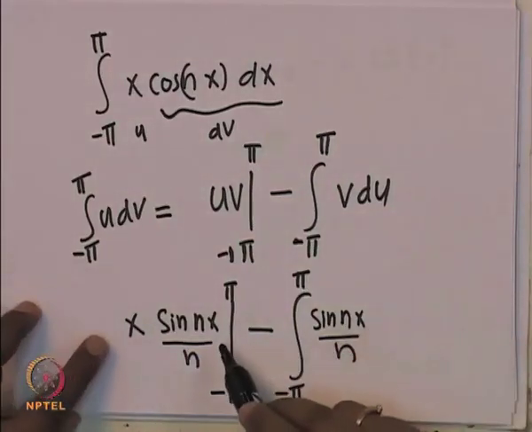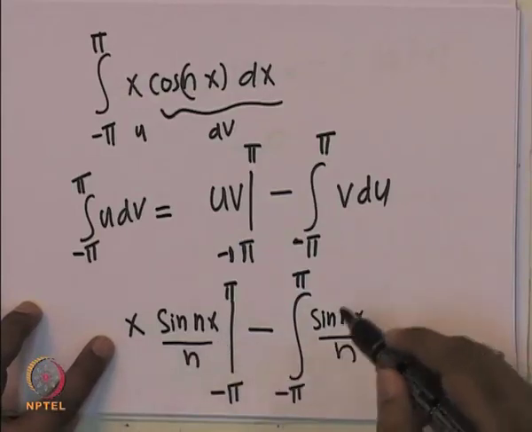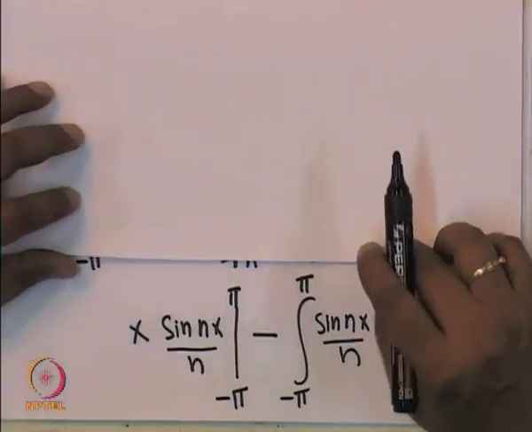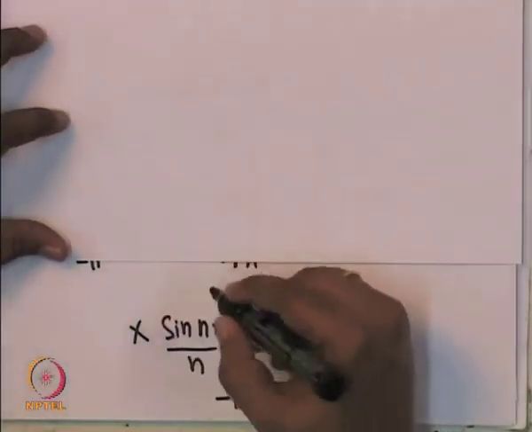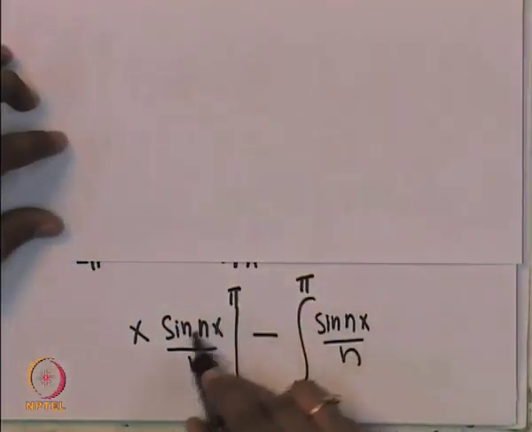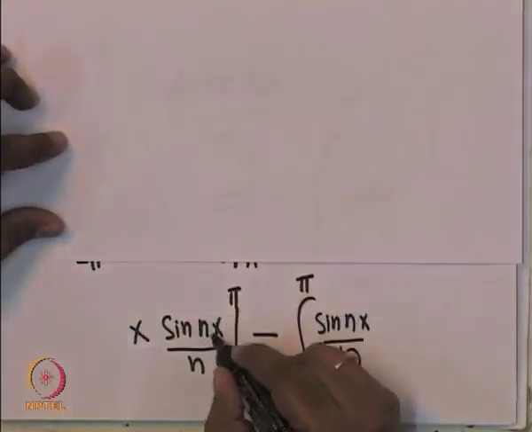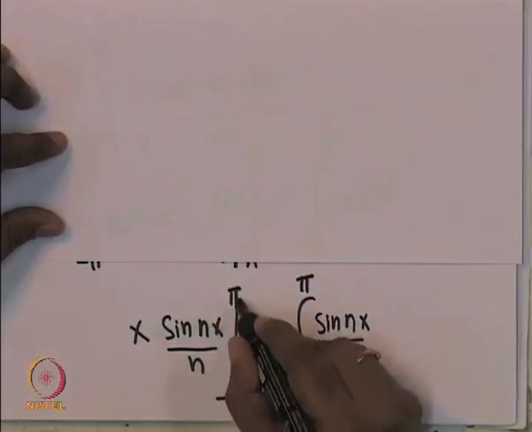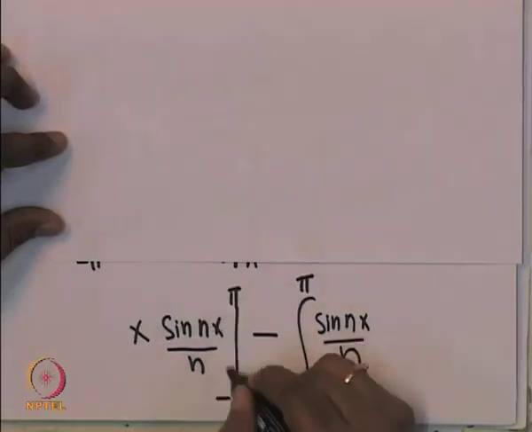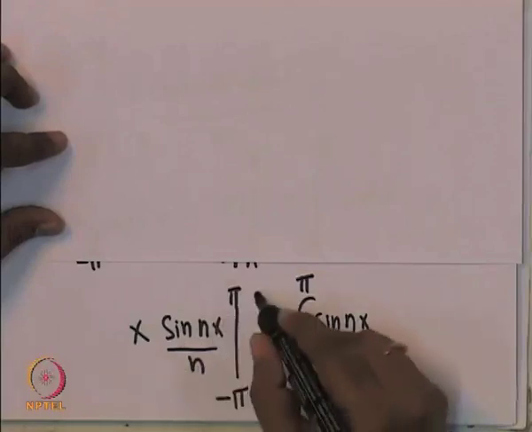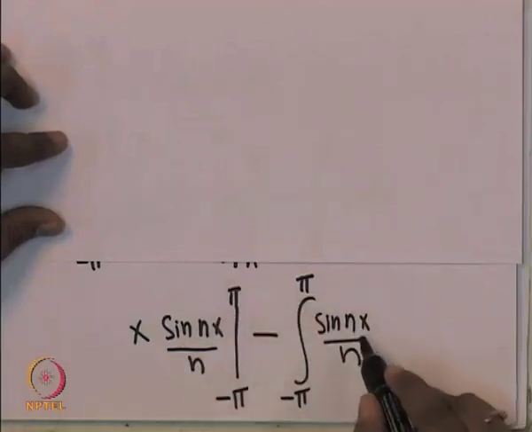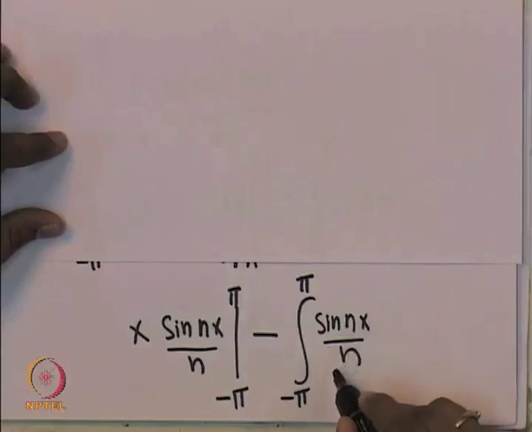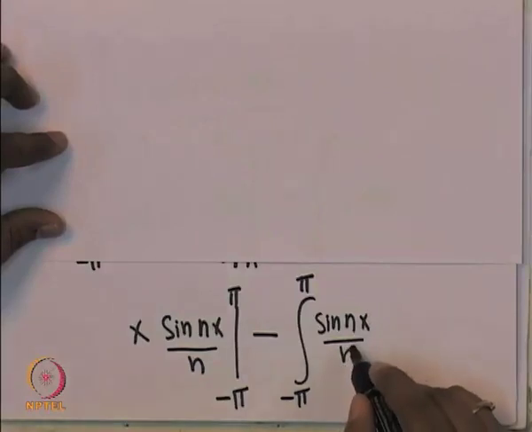Now if you apply the limits here, what do we get? For the first term, sin n pi is anyway 0, so this term goes to 0, because if you substitute pi and minus pi for x, you get 0. Here you just have the integral of sin n x by n to do.